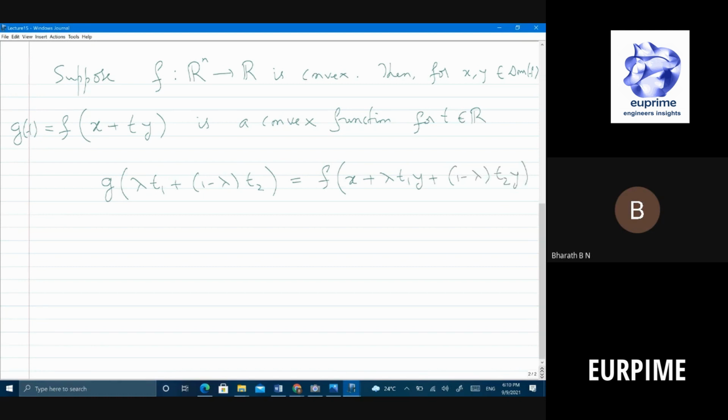Now x, I can write as lambda x plus 1 minus lambda x, right? A convex combination of x and x is x itself, right? So this will be f of lambda x plus 1 minus lambda x plus lambda t1y plus 1 minus lambda t2y. Simple algebra. Now what I'm going to do is collect all those with lambda.